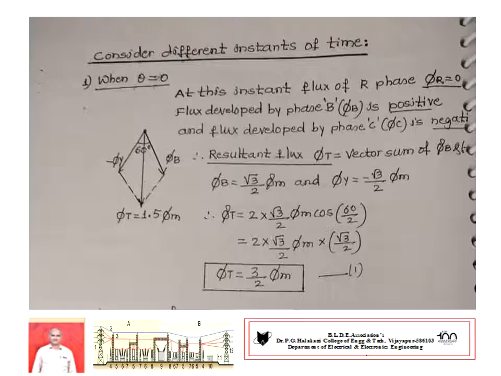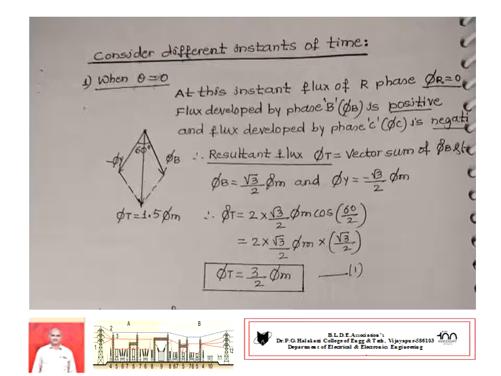The angle between these two fluxes phi b and minus phi y is 60 degrees. The vector sum of these two, by constructing a parallelogram, will give the total resultant flux phi t. Phi b is positive, given by root 3 by 2 phi m, and phi y is negative, phi y equal to minus root 3 by 2 phi m.